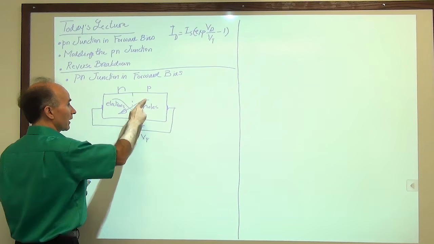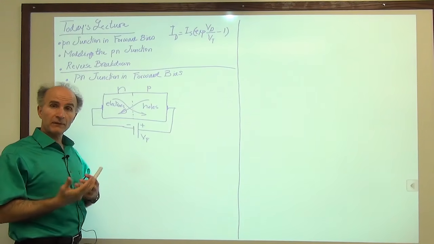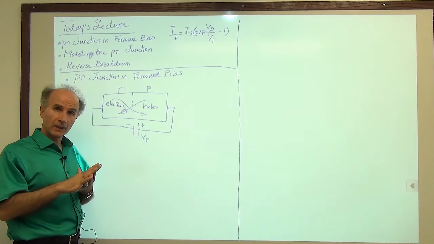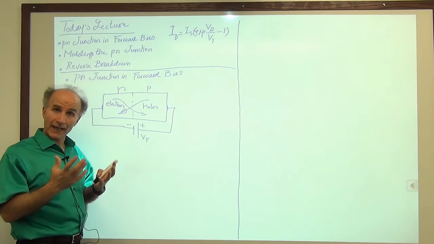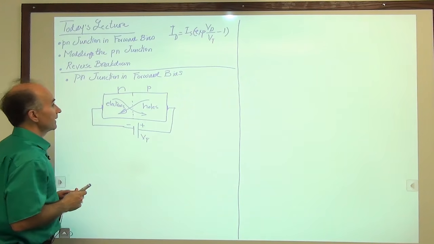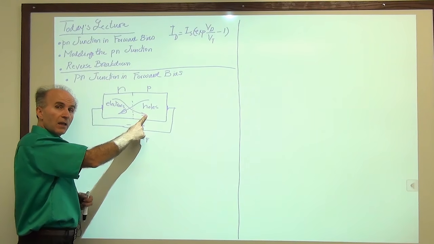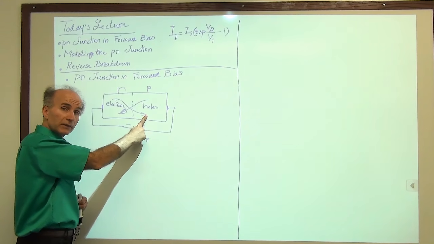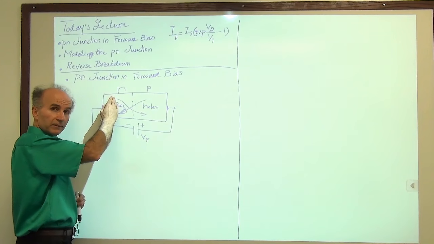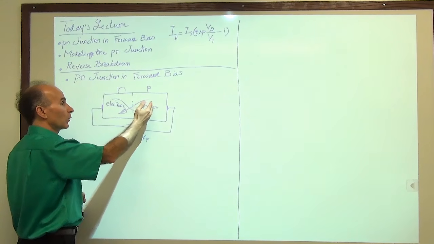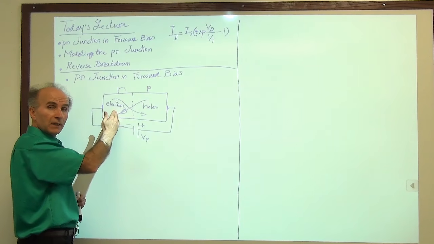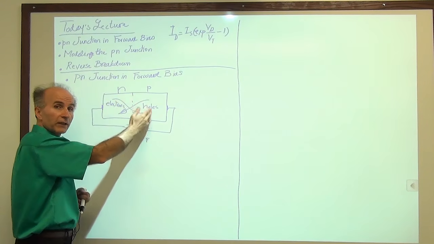Okay, are these two currents opposite of each other, or do they add up? In other words, do they cancel each other? Well, you can see that if electrons go from left to right, the conventional current equivalent is from right to left. If holes flow from right to left, the conventional current is still from right to left.